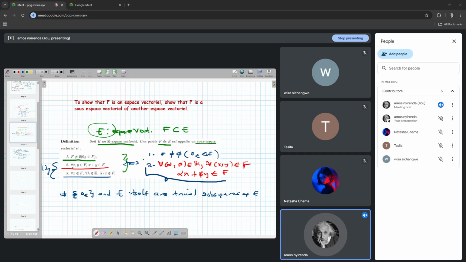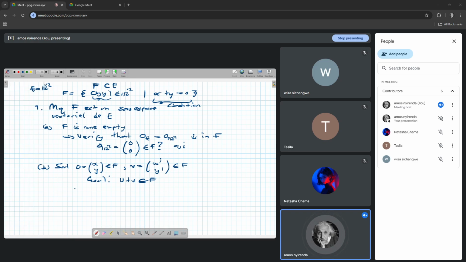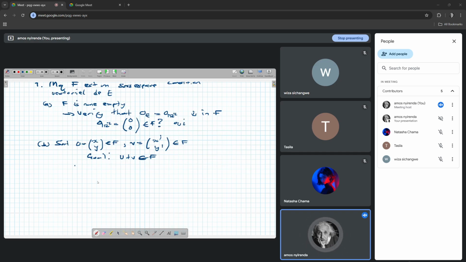I want to show that if I choose two elements from F, and some scalars alpha and beta, the linear combination is going to be in F. So I'm going to use the second version. You can use the first one, but then you have to verify the second condition alone and then the third condition alone. But for this one, I'll just allow myself to use the second condition because I want to save some time, and I know that you guys will be able to follow what is happening here.